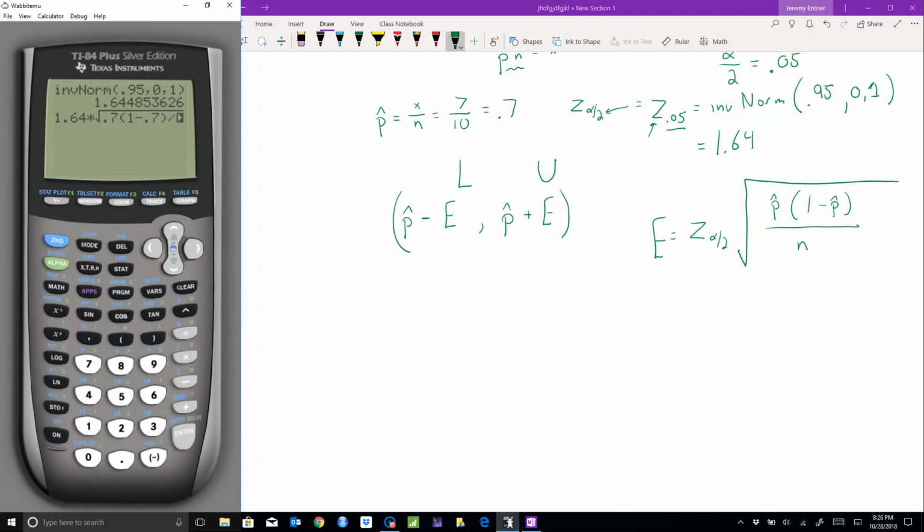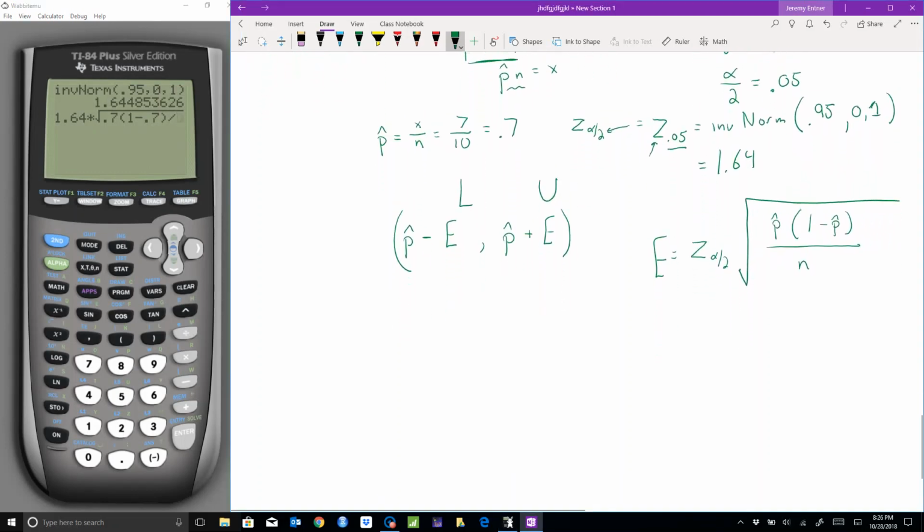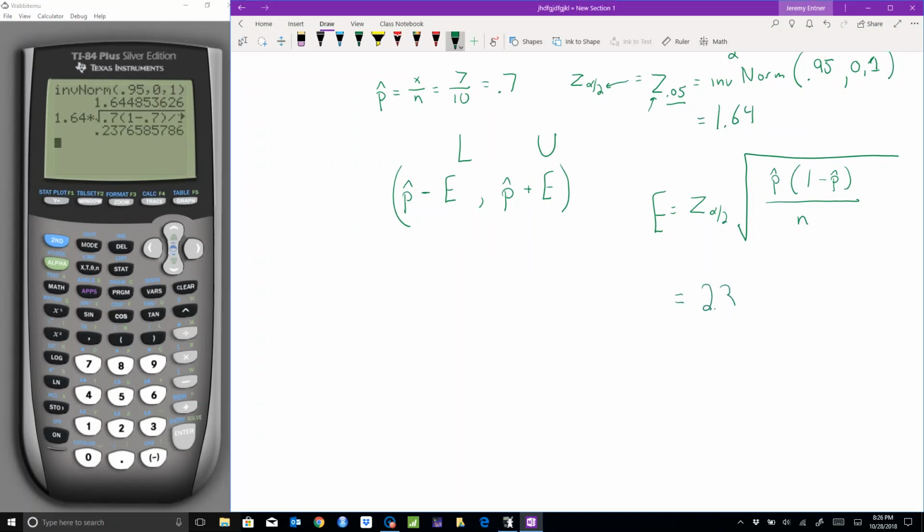And then I'll hit divided by, and then I have to divide by my sample size, which is 10 in this case. And then I'll just hit enter there, and what that will give me is 0.24.